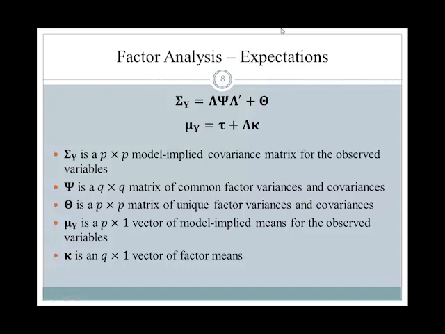The important point to point out is this first equation. What this is saying is that our model implied variance covariance matrix of our observed variables is equal to a proportion of variance due to just the common factor and a proportion of variance due to the unique factors. So the common factor and unique factor are split up.